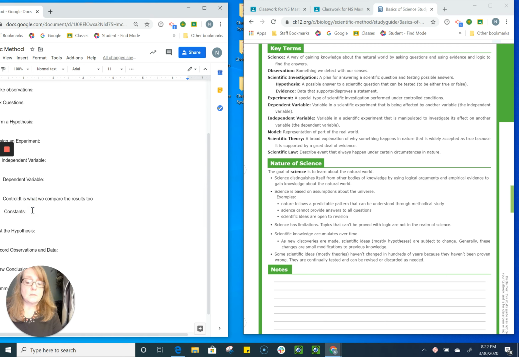And then the constants are what remains the same for the experiment. Okay.